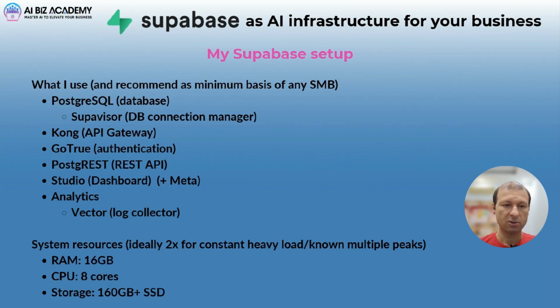Now, what I usually use and recommend as a minimum for any SMB, of course, is the database with its supervisor to have the connection manager. You have the API gateway, you have authentication, you have the REST API, the studio, and here, as I mentioned, enable also Meta to easily manage the database from the interface. And the analytics, of course, with the vector, which collects the logs.